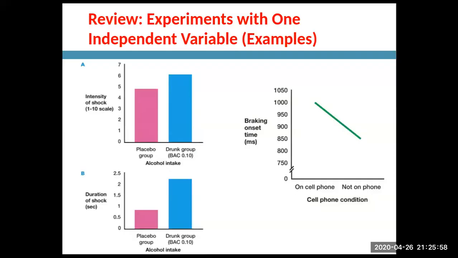And then down in B, we have the same alcohol intake, placebo and drunk group, and we see the duration of the shock in number of seconds.